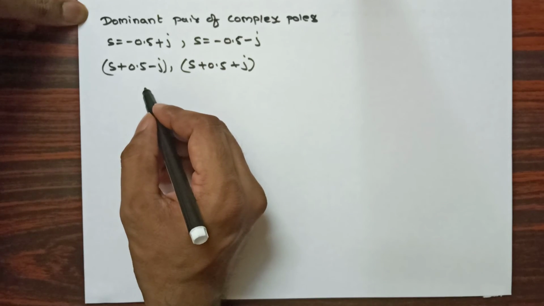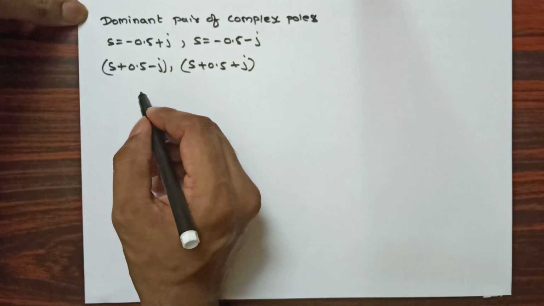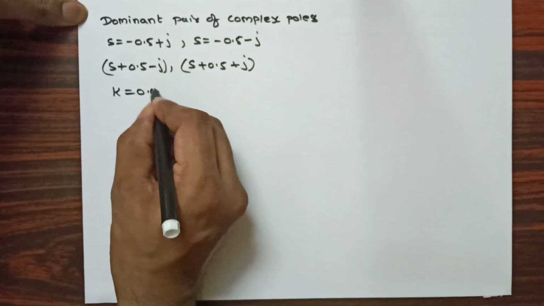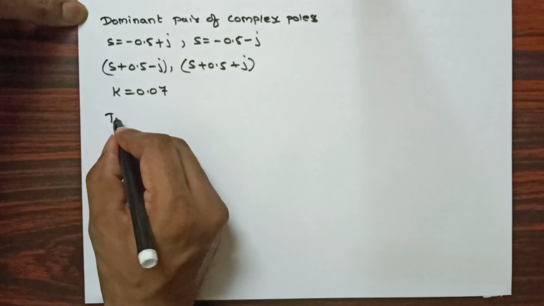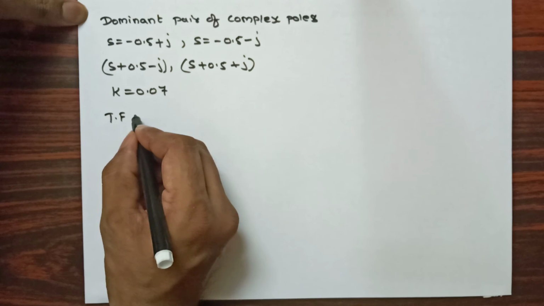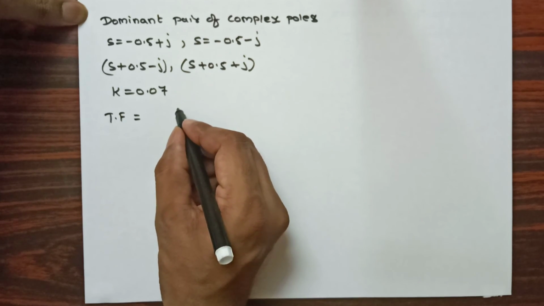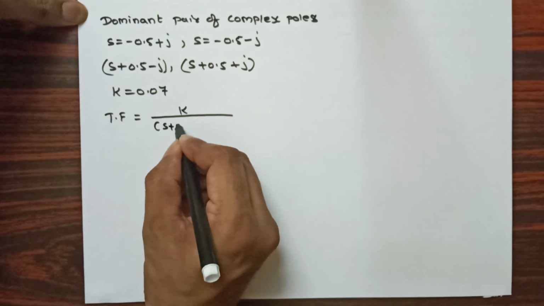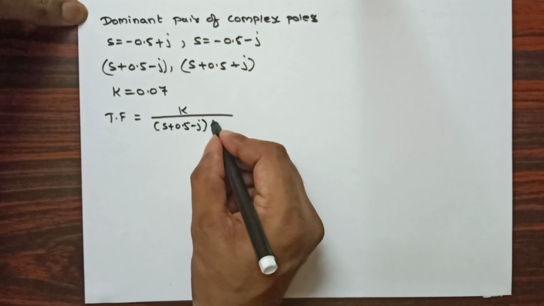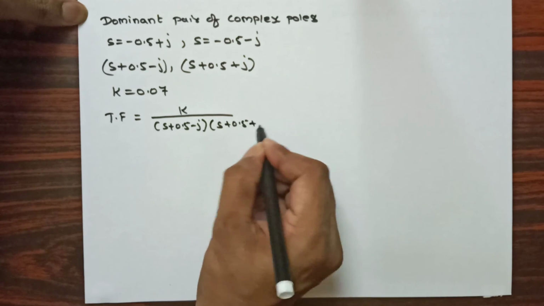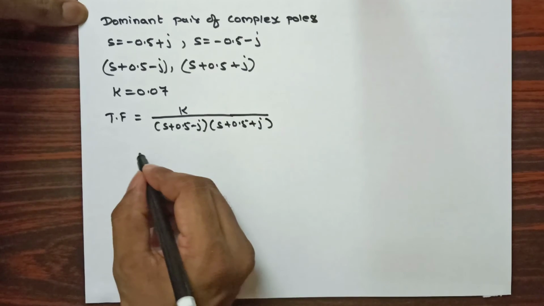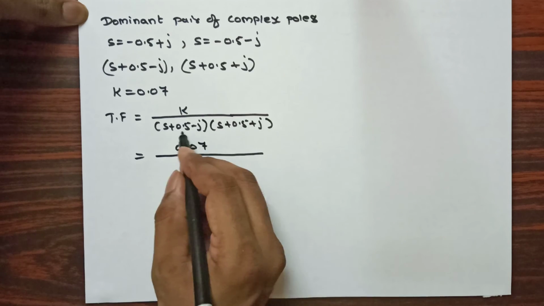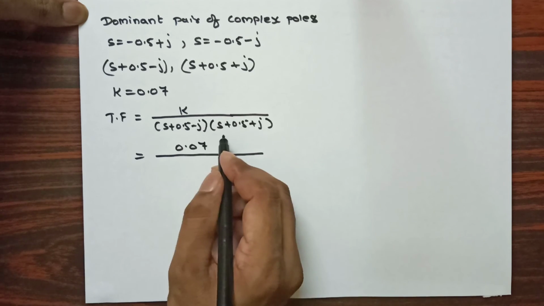Now for this I need to find the closed loop transfer function by considering the K value. Here I got K equal to 0.07. So the transfer function for the damping ratio of 0.5 is K divided by the two dominant poles, (s + 0.5 - j)(s + 0.5 + j). The K value is 0.07, whole divided by s² + s + 1.25 after multiplying these two dominant poles.